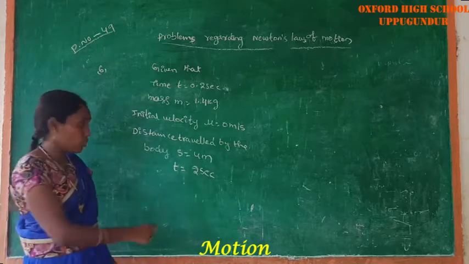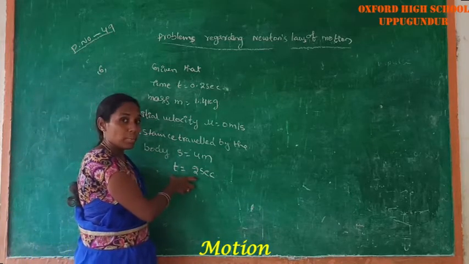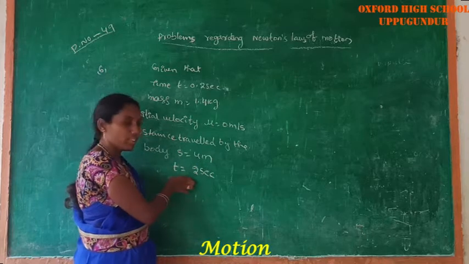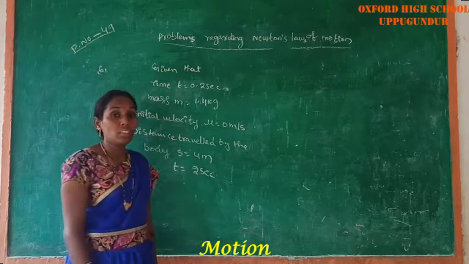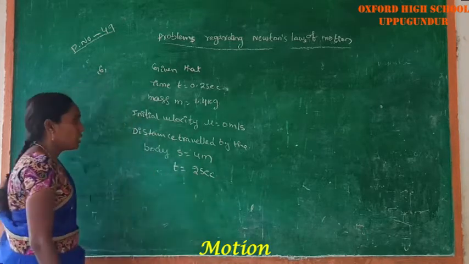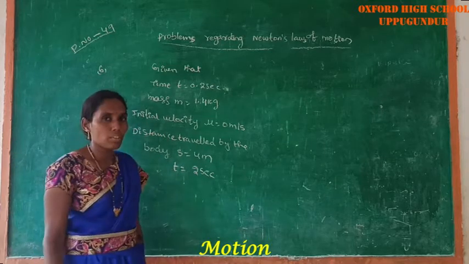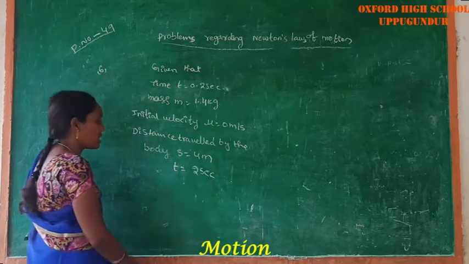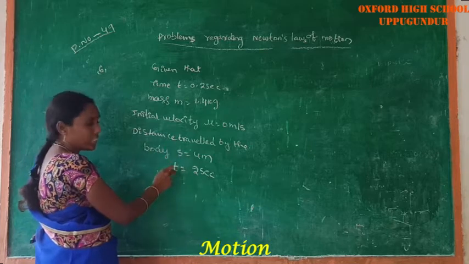By using these two physical quantities we can find the final velocity of the body. We already know the initial velocity is 0, so we find the final velocity by using distance and time.